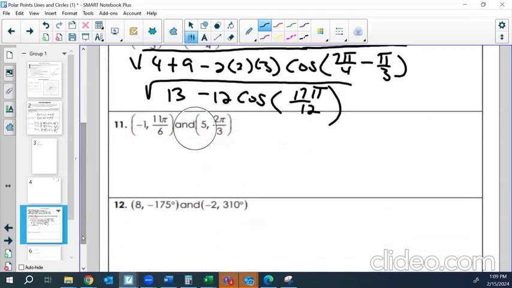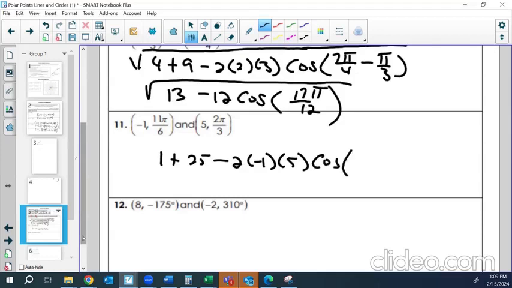Okay, my r1 is going to be -1, so that's 1 squared. That's going to be 1 when I square -1, plus my r2 is 5 squared, that's 25, minus 2 times -1 times 5 times the cosine of 2 pi over 3 minus 11 pi over 6.